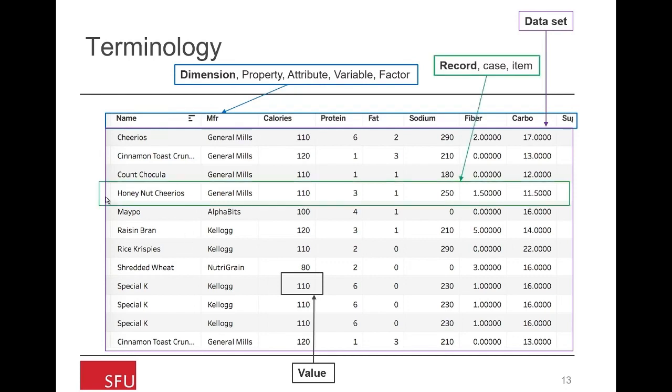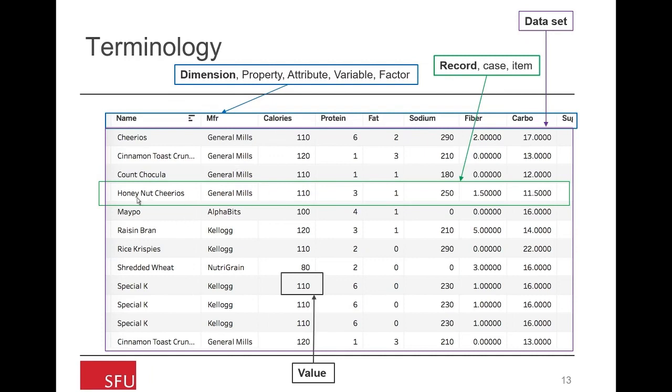Next, each one of these individual rows is a data case. It may also be called a record or an item. Record is something that you might see in database speak, and item might come from another field that is intended to get across the idea that there is a single phenomenon or a thing out in the world that has a bunch of information associated with it, a bunch of, say, attributes.